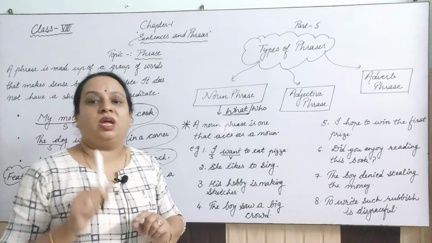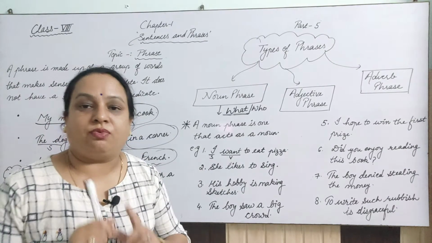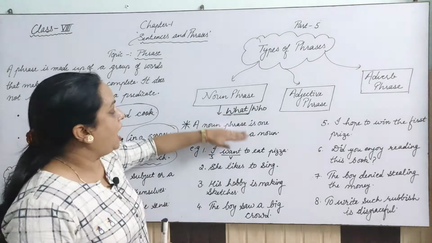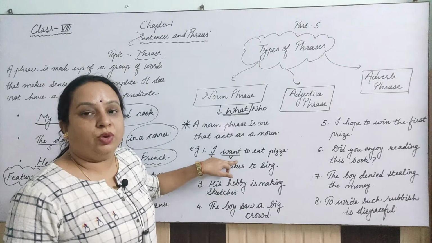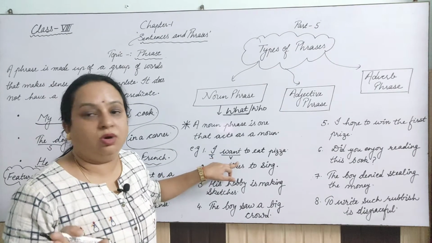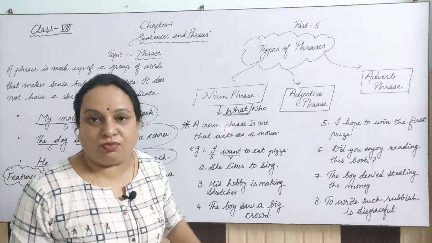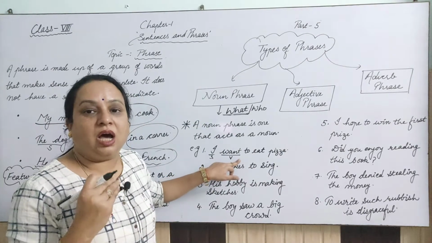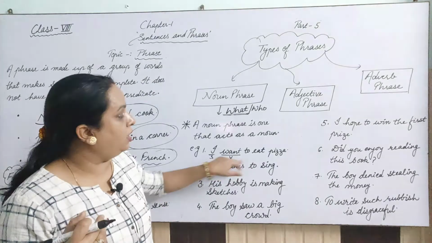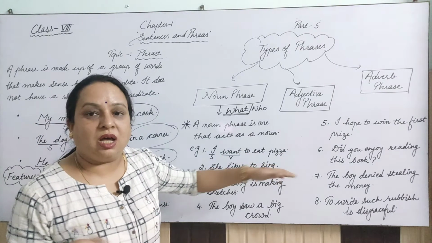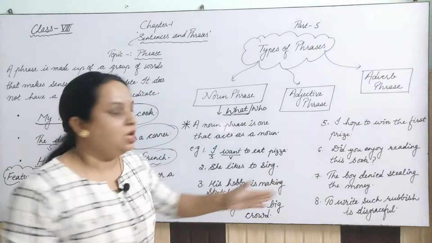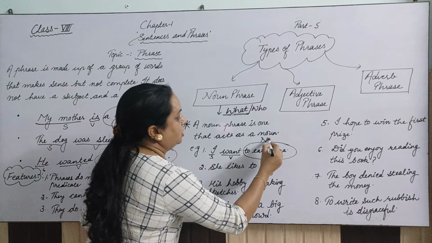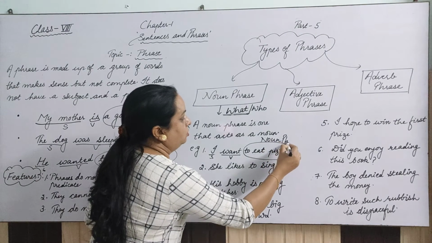When you want to find which kind of phrase it is, you have to frame a question with what, using the subject and the verb, which are not included in the phrase. So, what I want? This is the question, and the answer is to eat pizza. So this to eat pizza is a noun phrase.